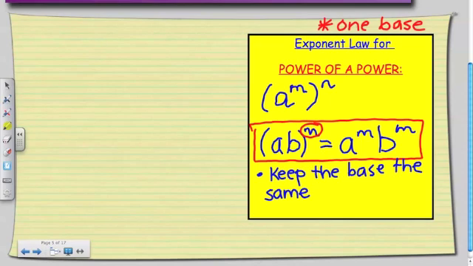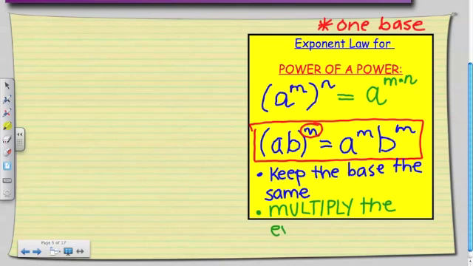However, now what we have to do, once we keep the base the same, what do you think we have to do with our exponents? What operation do we have to do with our exponents? Reynard, what do you think? Good. We have to multiply. Multiply the exponents.